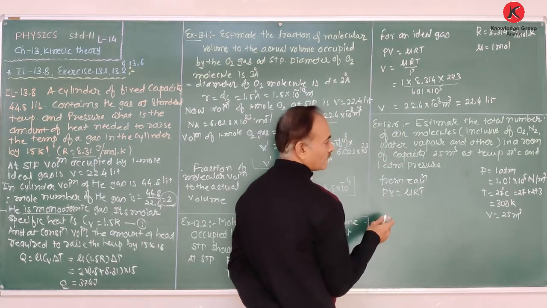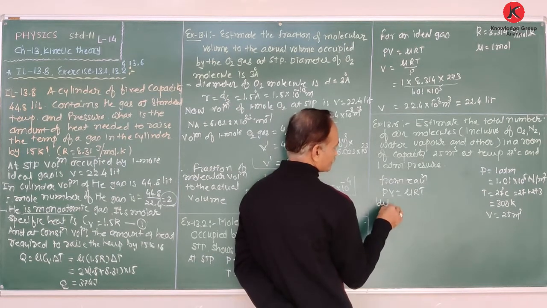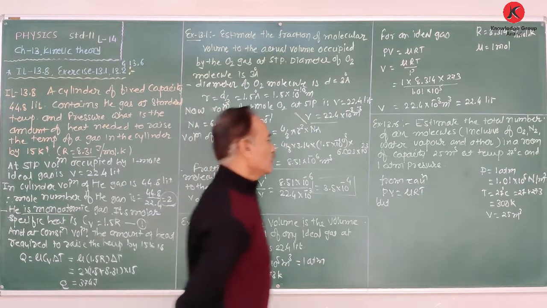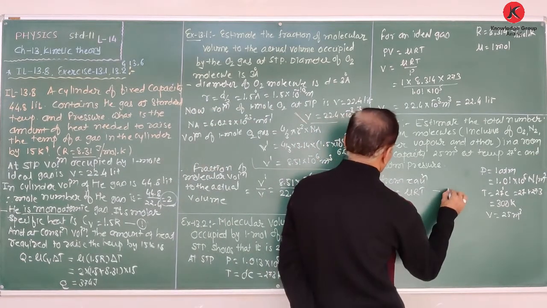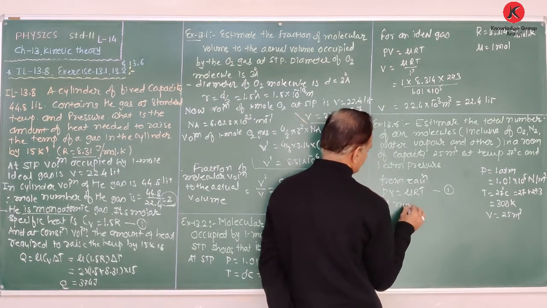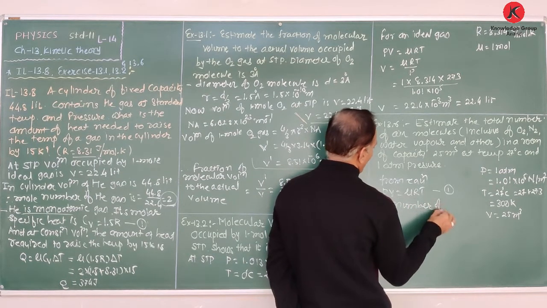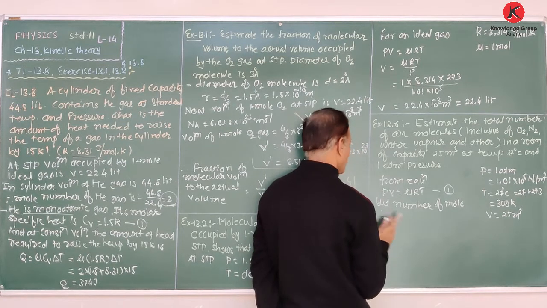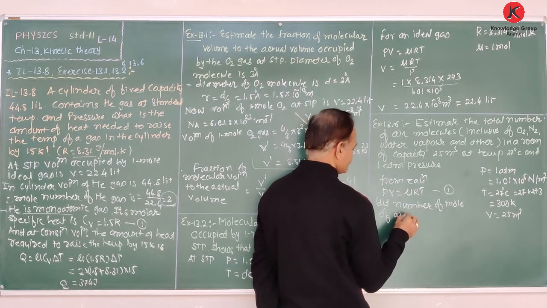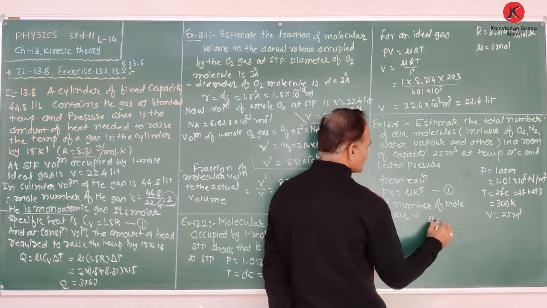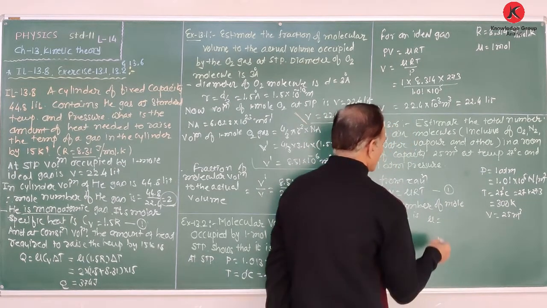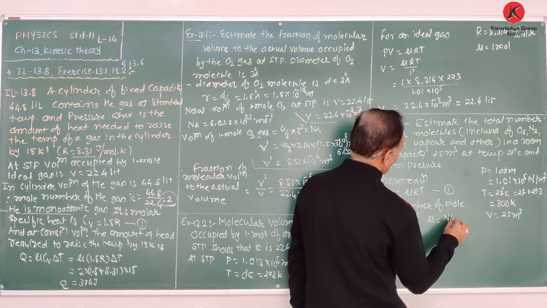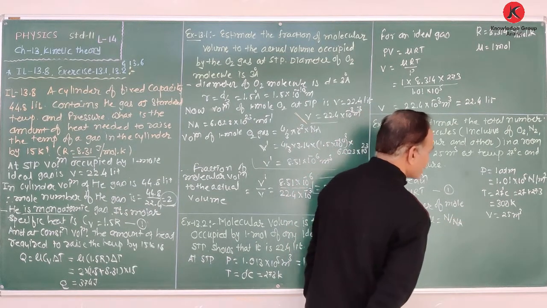But we know that the number of moles of air is mu is equal to N upon Na.